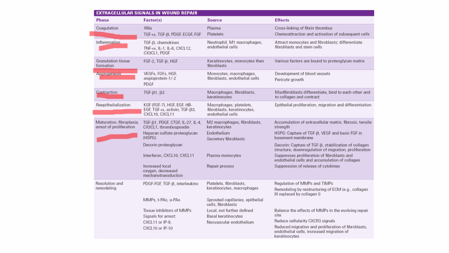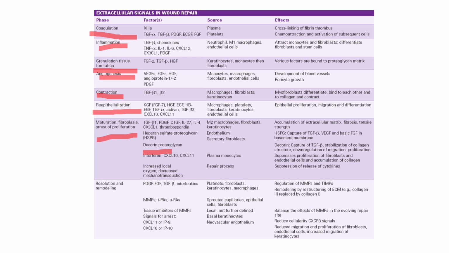Then there are additional extracellular matrix proteins such as heparan sulfates, proteoglycan. They capture TGF-beta, VEGF, and basic fibroblast growth factor in the basement membrane. Then there is decorin that captures TGF-beta, stabilizes collagen, and downregulates fibroblast proliferation.